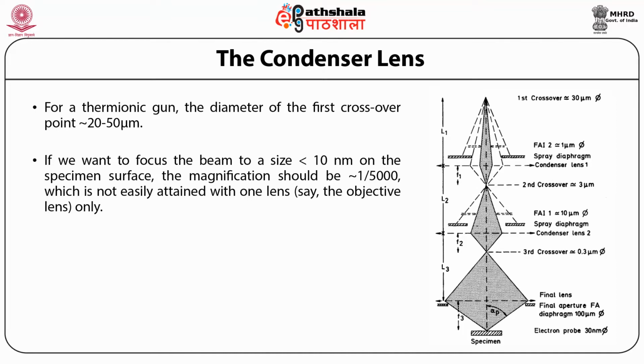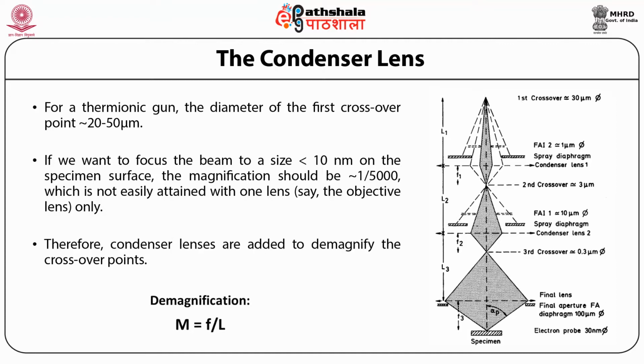So, if we want to focus the beam to a size less than 10 nanometer on the specimen surface, the magnification should be around 1 by 5000, which is not easily attained with one lens, say the objective lens only.